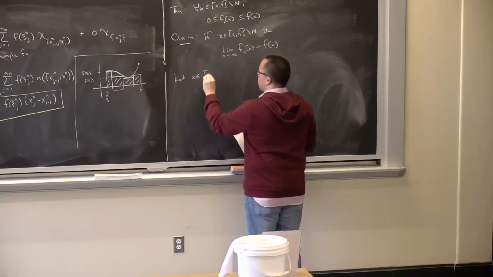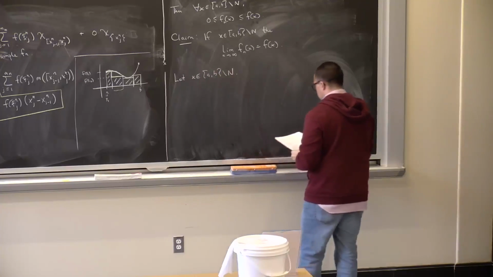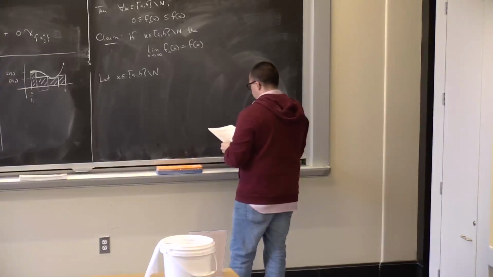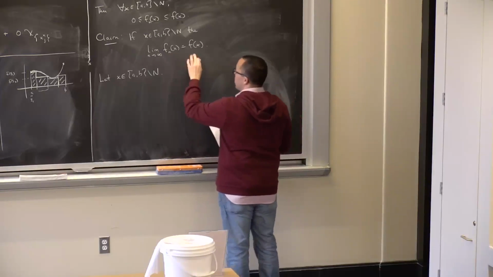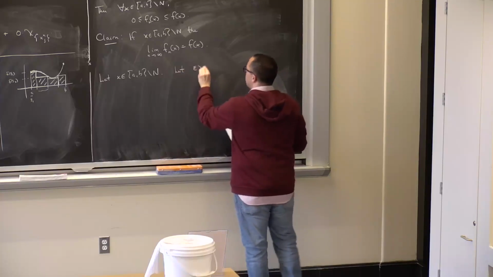So let x be in AB, take away the set of all partition points. We want to show this. Let's just go back to a basic epsilon-n argument. Let epsilon be positive.